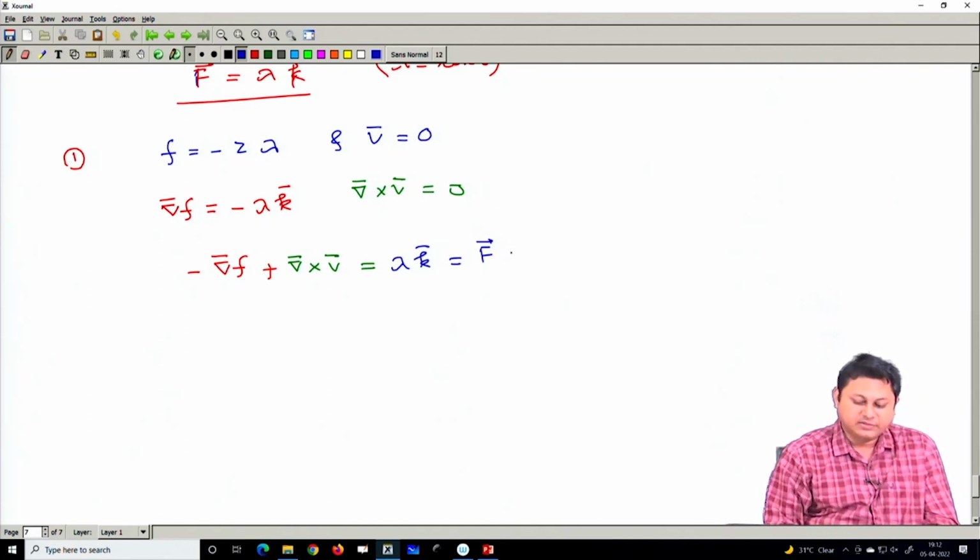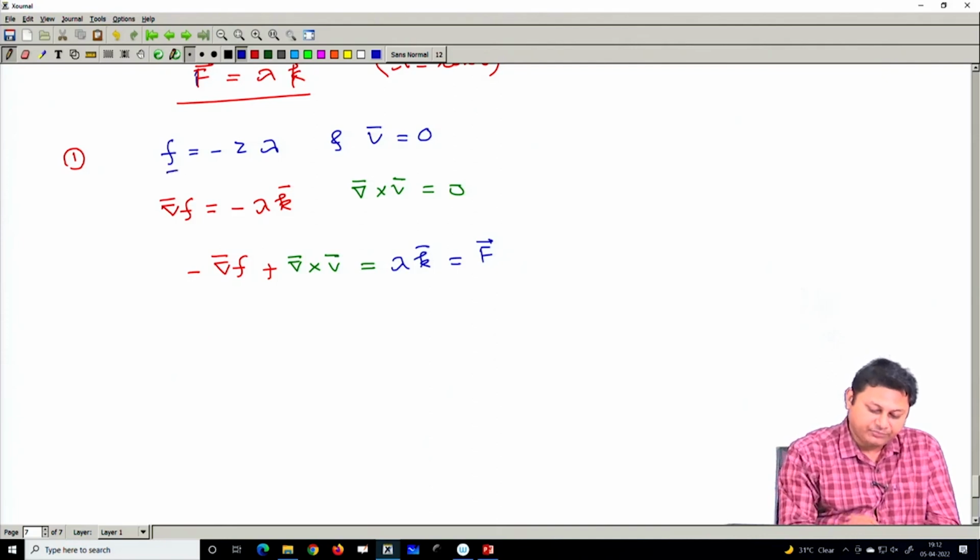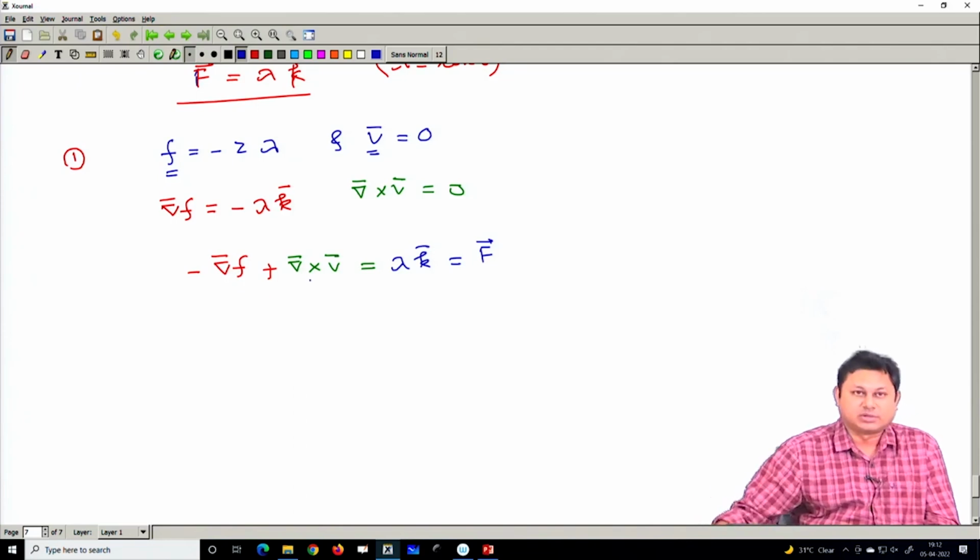So I can construct f and v suitably such that this decomposition works. Now this is my choice 1.